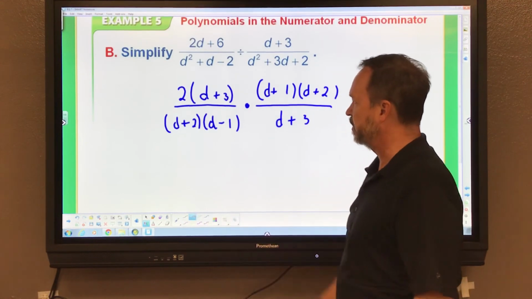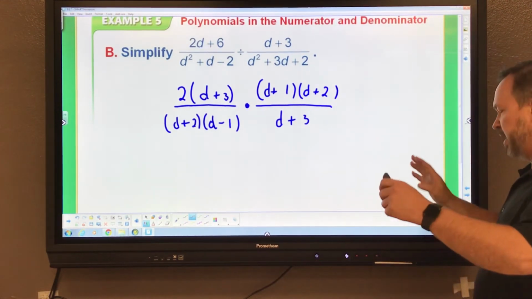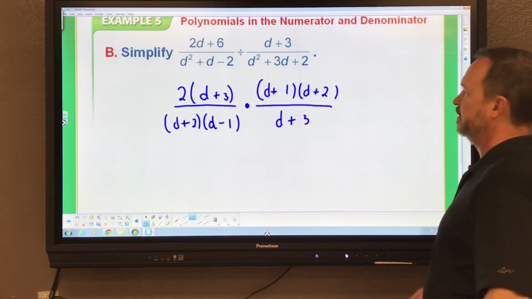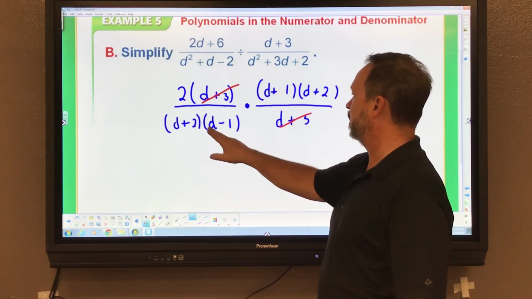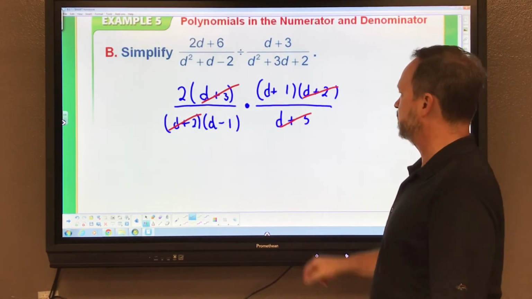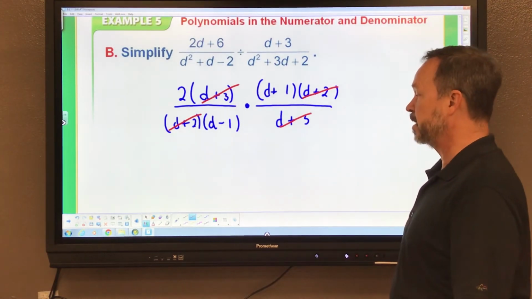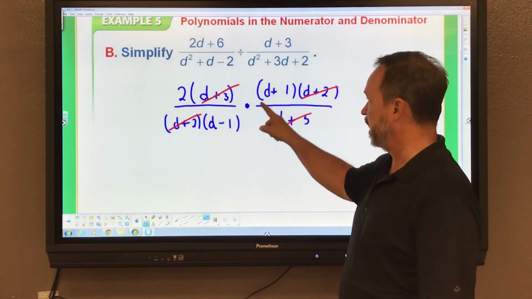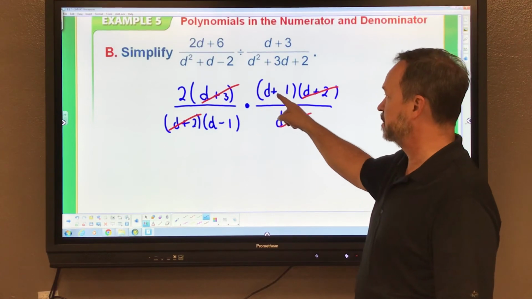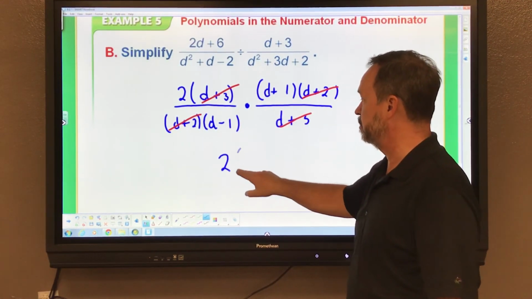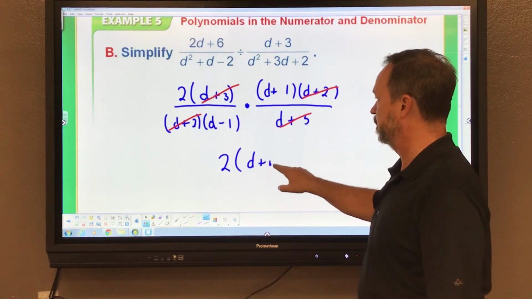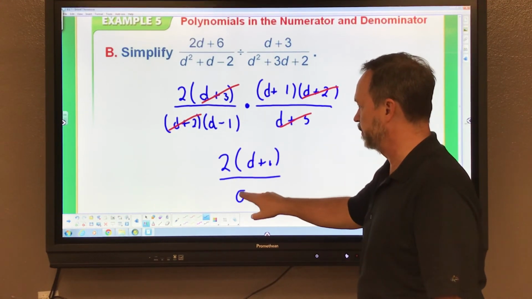So once we get everything flipped, changed, and factored, then I start looking for things that will cancel. The D plus 2 with the D plus 2, and that's it. These two things won't cancel because they're not opposites. They're just different. So I've got the 2 times the D plus 1 over the D minus 1.